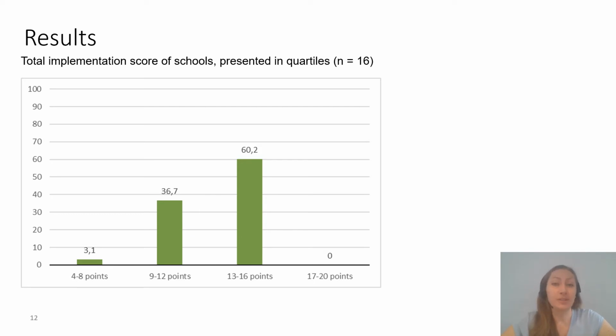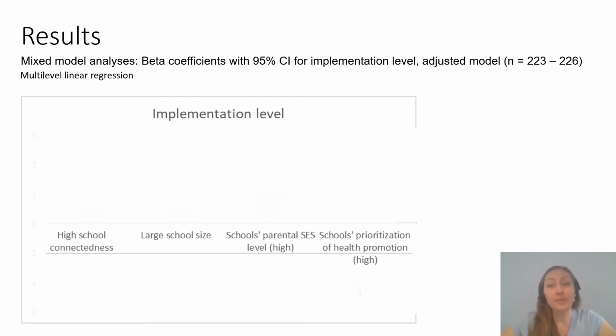So what about the next research question, where we wanted to find out if school and student context factors affected the level of implementation? Well, for this we did a mixed model analysis, and here I will show you if any of these following 4 parameters actually affected implementation.